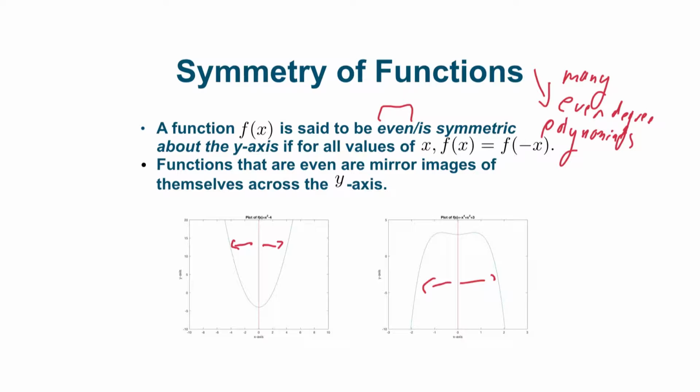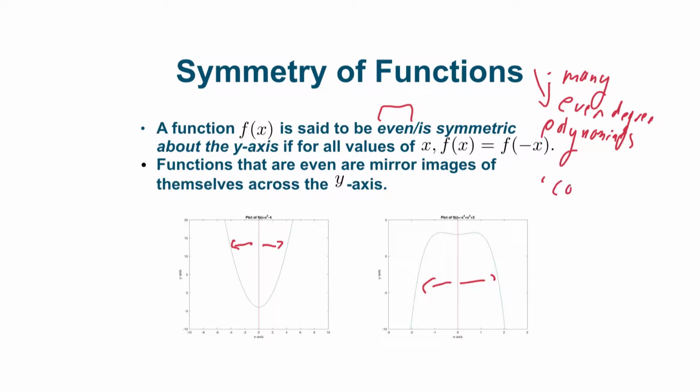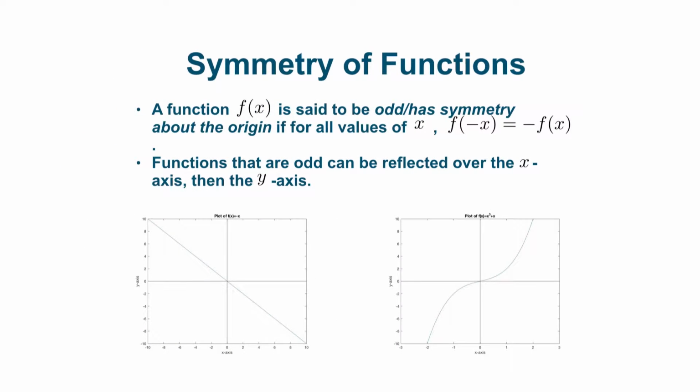Not every even degree polynomial has this, but many do. Other things include cosine of theta. That as a function of theta is even. And we can see that by going back to the plot. Here is a rough picture of cosine, and you can see that I have symmetry about the y-axis.